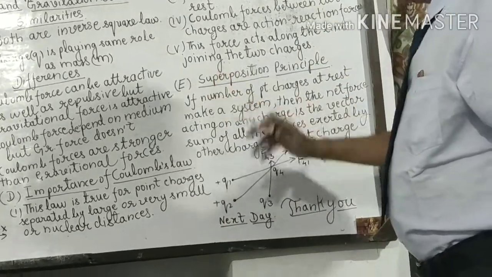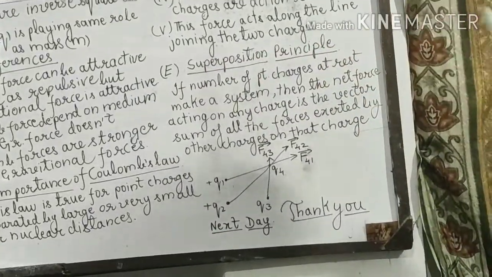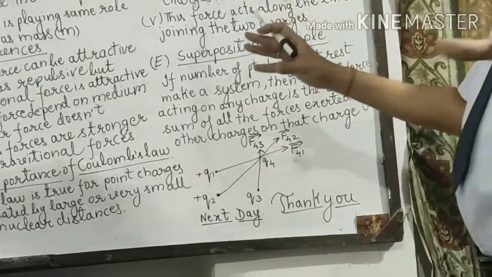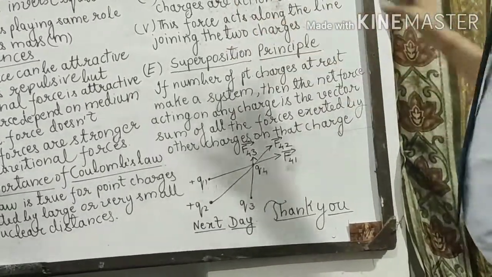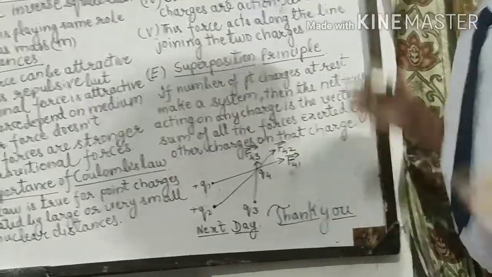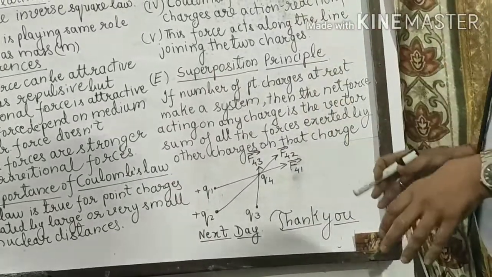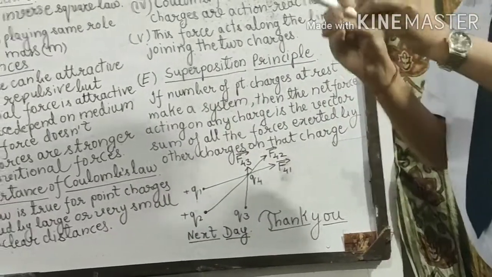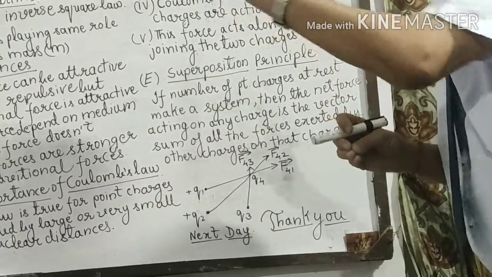Then the E part is the superposition principle. Suppose there are several point charges at rest making a system, and you want to find the force exerted on any one charge.